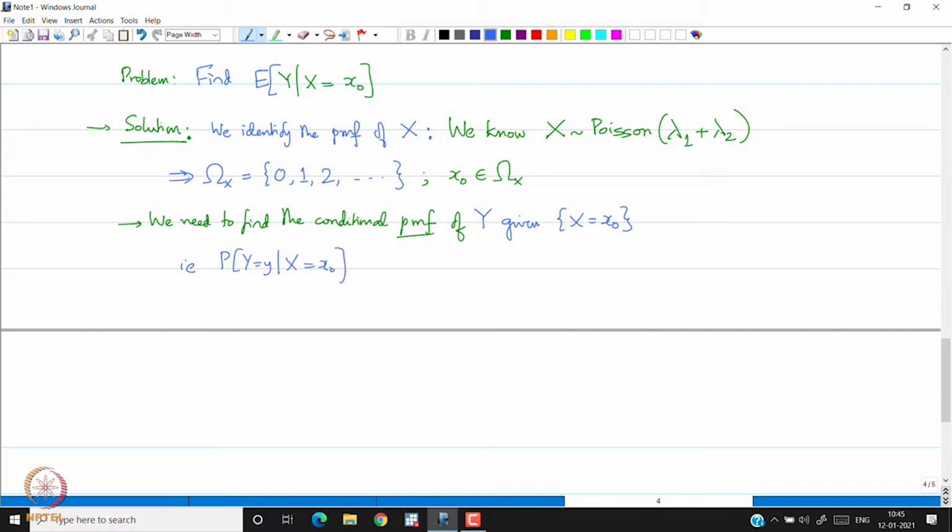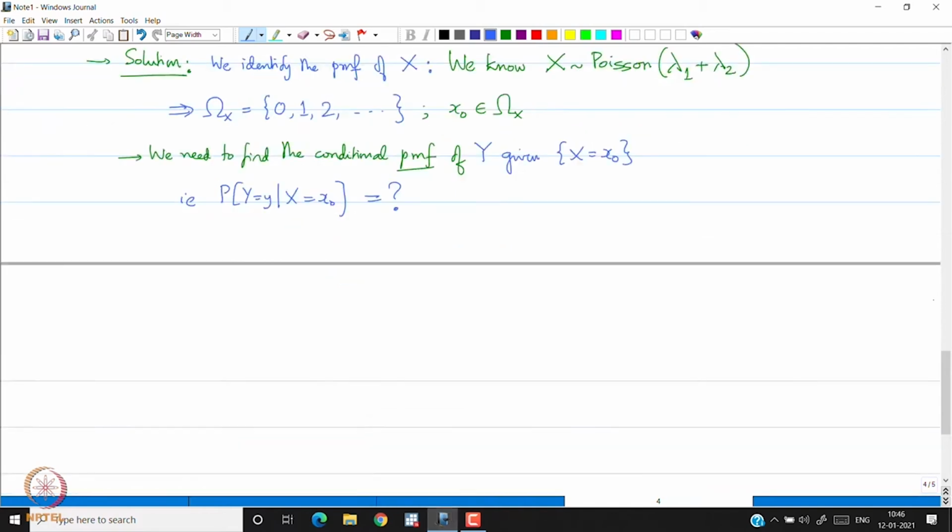This was stated in the blackboard lecture, but the details were not completely given, so we want to find this. First of all, we need to identify what values of small y it even makes sense for us to consider. We will call that, as we have always been doing, omega Y. Given that X equals x naught, what values can Y take? Clearly X is the sum of Y and Z, a non-negative quantity, and Z can take any value from 0 to infinity independently of Y, but the sum takes the value x naught.